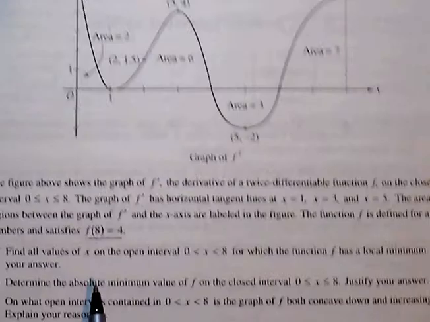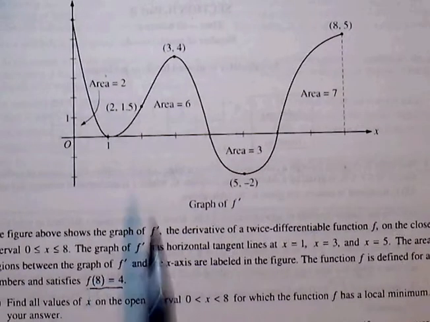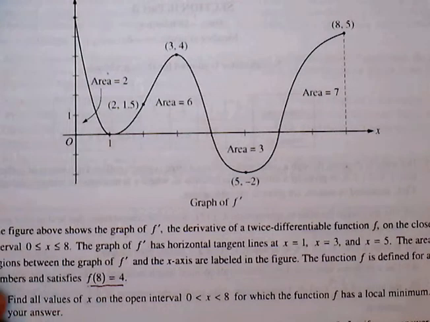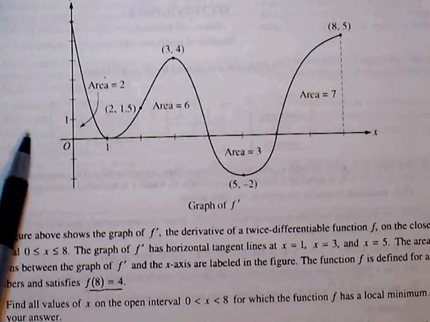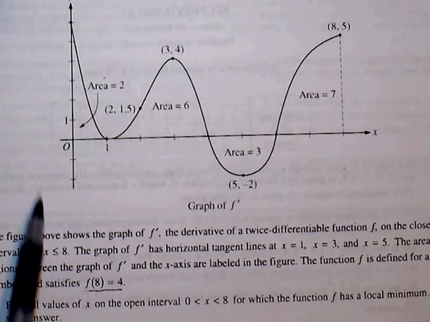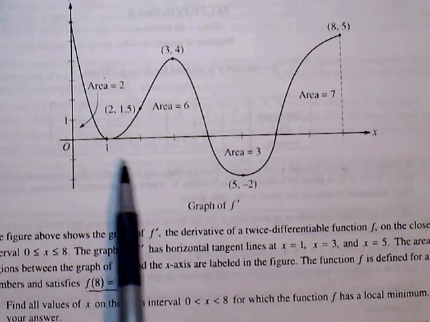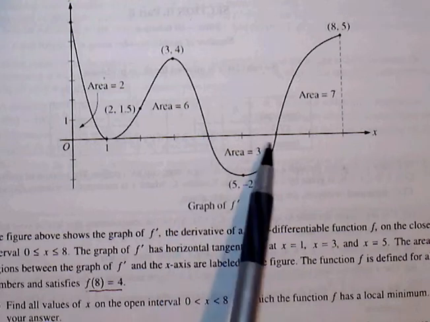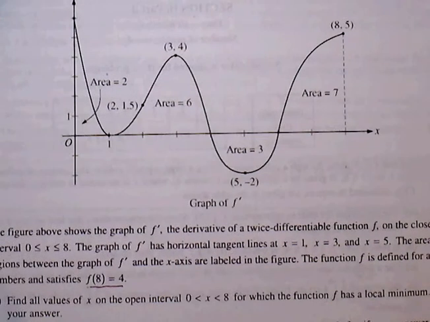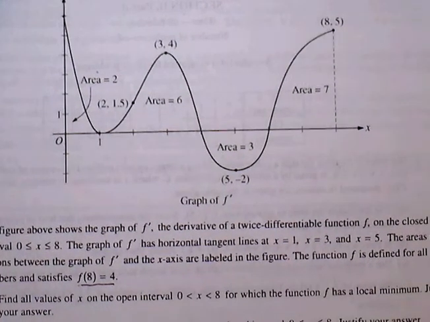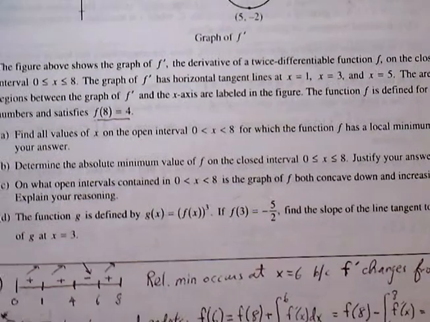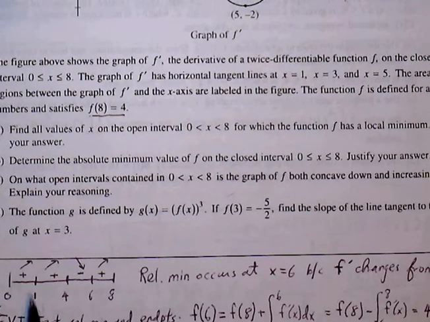So if we're looking at the derivative graph, then we know that anything above the axis represents positive slope, anything below represents negative slope. Okay, so we see that we get negative slope in this region here, and anywhere the graph crosses the x-axis would be where the slope is equal to 0. So I like to make a sign line to represent that, so I can get a visual as to what the original graph may look like.